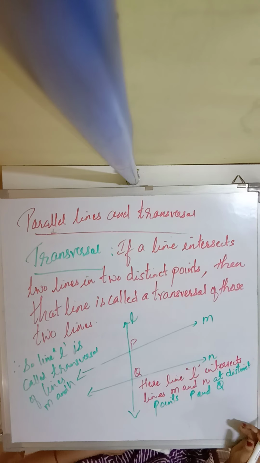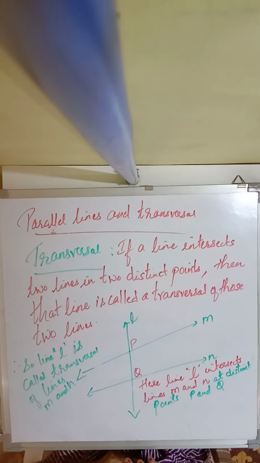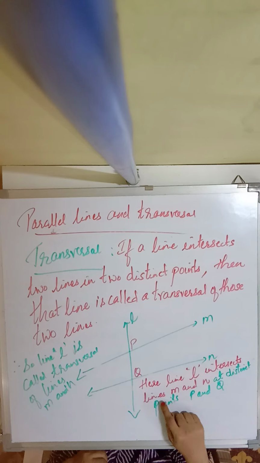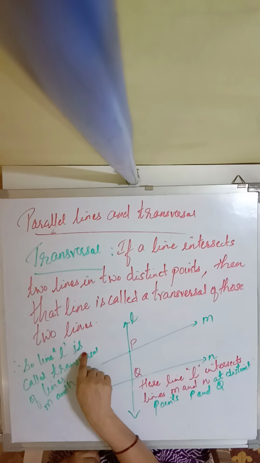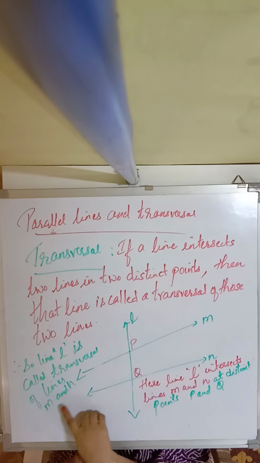Okay, copy down, I'll show that also. So here line L intersects lines M and N at distinct points P and Q. So line L is called the transversal of the lines M and N.